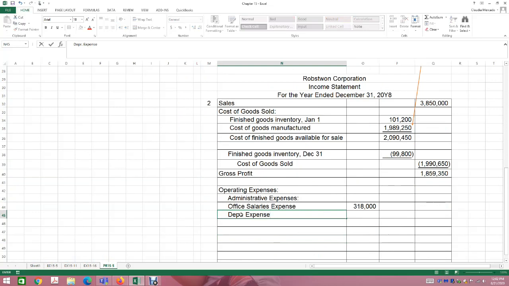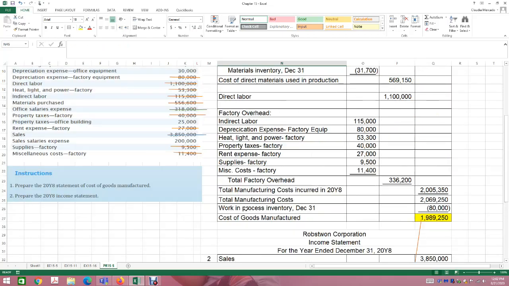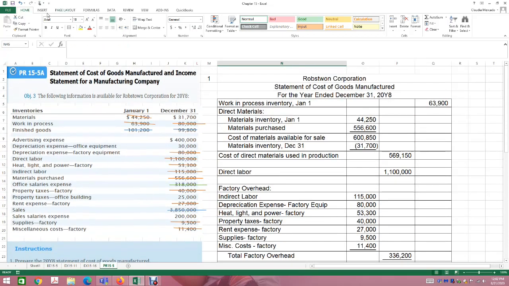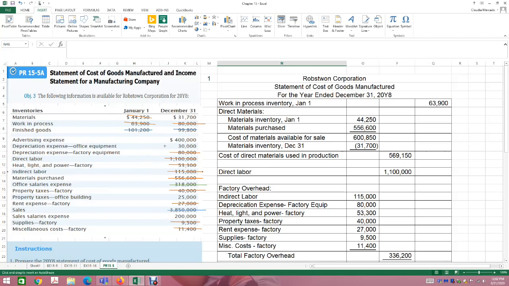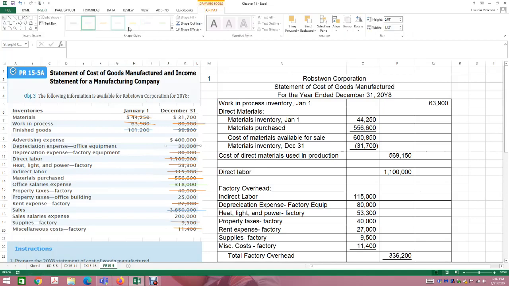Depreciation expense on office equipment, $30,000. Let me mark that off on my office equipment. There we go.